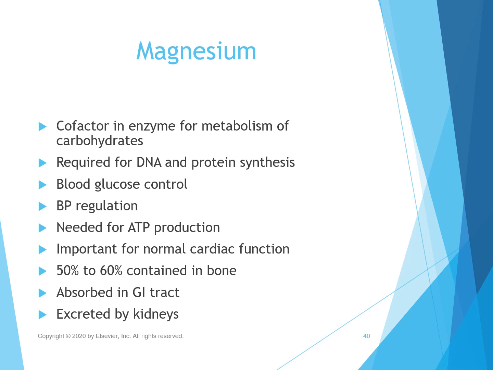Anybody with hypomagnesemia could be malnourished, have malabsorption, or be in ETOH, which is alcohol withdrawal. If somebody had been given a lot of diuretics, you would probably definitely see some dysrhythmias with these patients if they're hypomagnesemic.